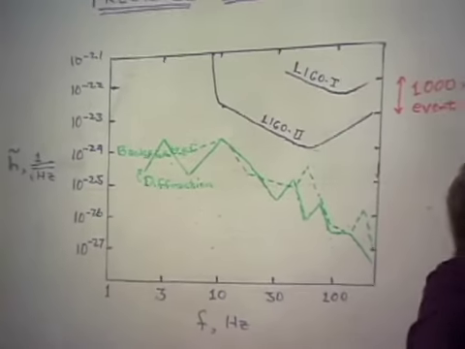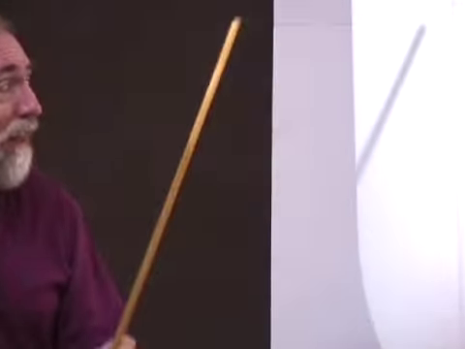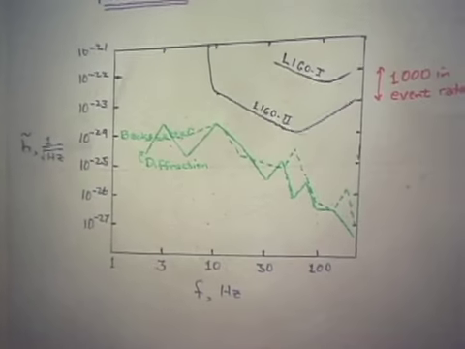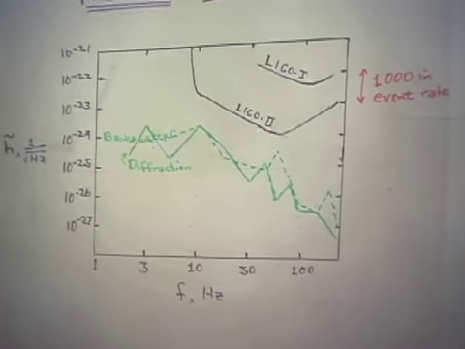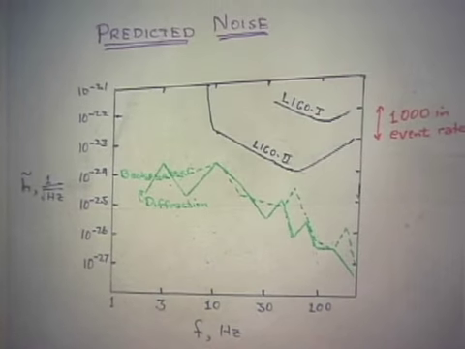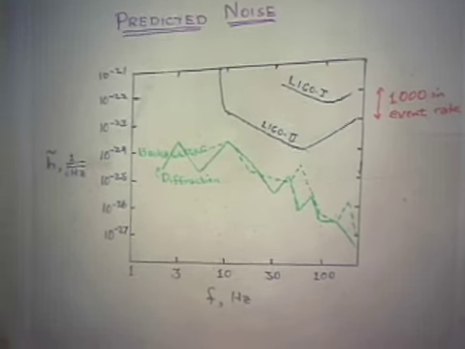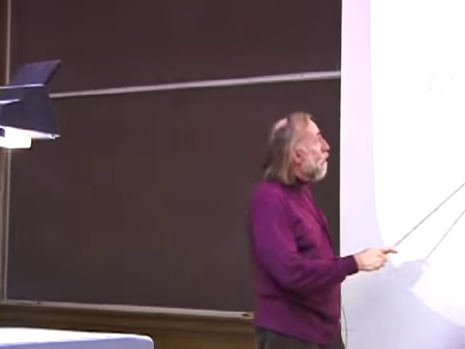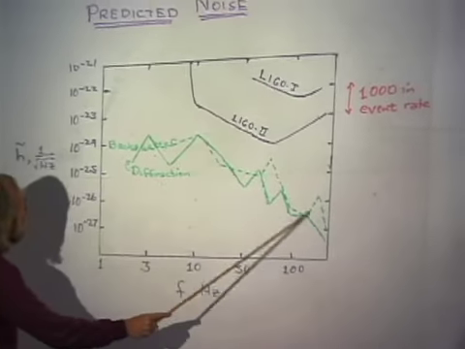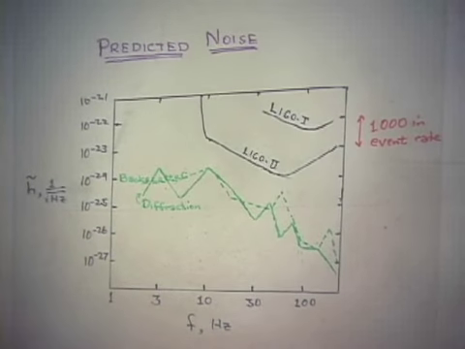So here is the predicted noise that we got for our specific design of the baffles, folding that into a spectrum for the vibrations of the Earth, and folding into engineers' models for how those vibrations feed up to the LIGO beam tube and produce vibrations of the beam tube. The diffraction noise is sitting basically in here, and the backscatter noise there; they are more or less the same.